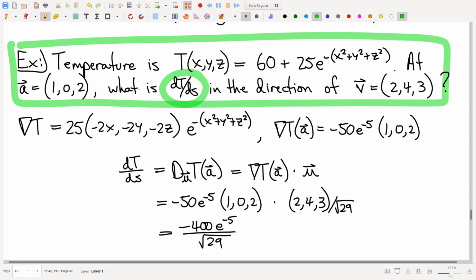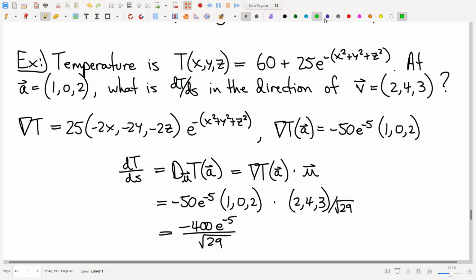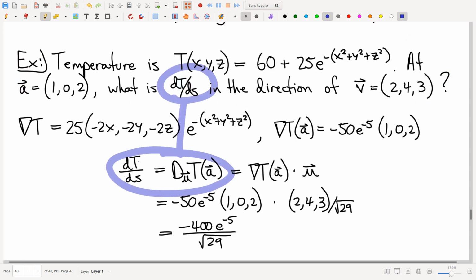Everybody okay with what the question's asking here? Okay, well, not a slope of a graph, but DTDS is one of our primary interpretations of the directional derivative. So I'm going to get my answer to this question by computing directional derivatives.